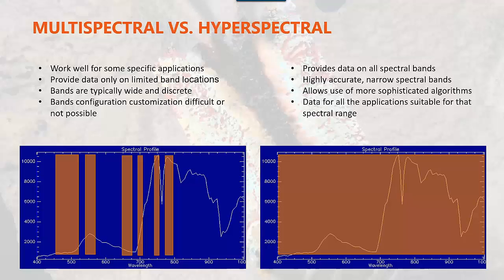When you have a hyperspectral dataset, it provides you data on all the spectral bands within the range. You get highly accurate, narrow spectral bands. You can use more sophisticated hyperspectral algorithms for processing and finding the most interesting locations for the spectral information. So the data for all applications can be found on the spectral range.